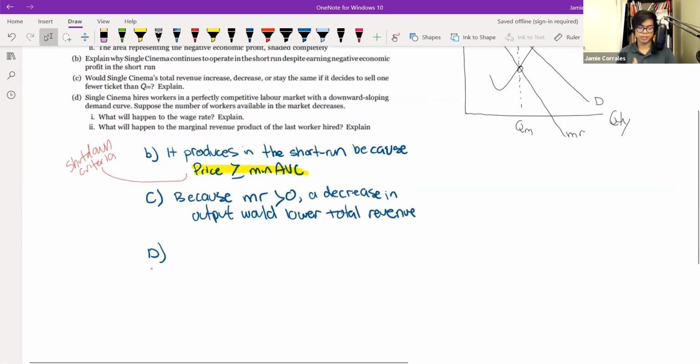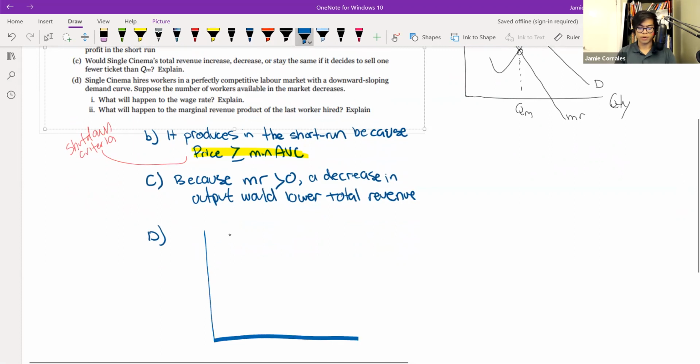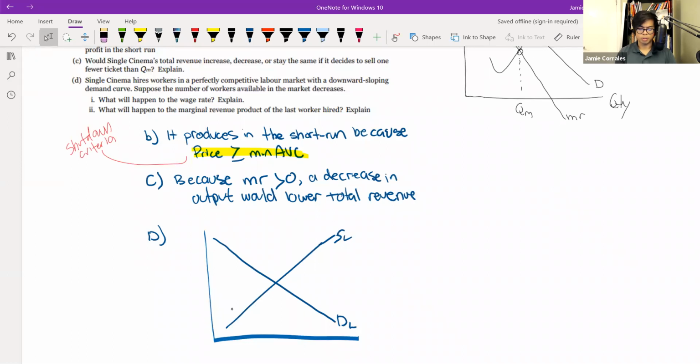So, in other words, this question is saying that the supply of workers decreases. Well, if you refer back to our supply and demand model for the factor markets, specifically the labor market, the demand for labor would be from the perspective of a business. The supply of labor would be the household supply of labor.